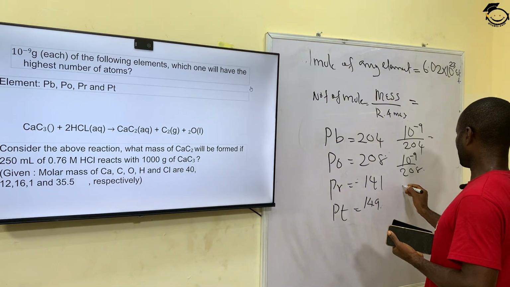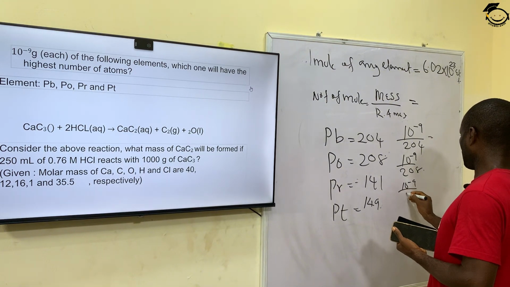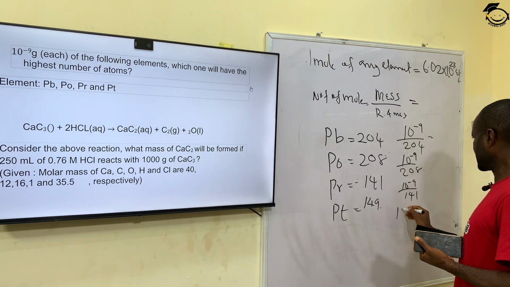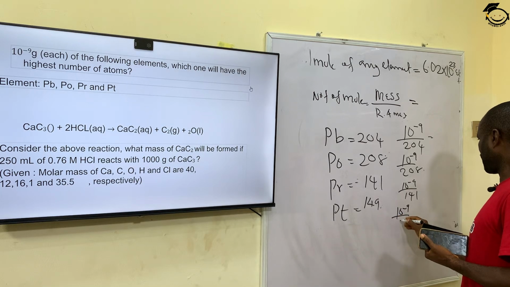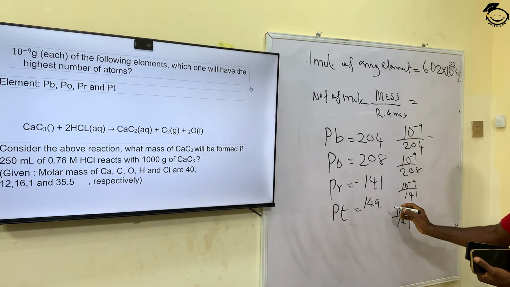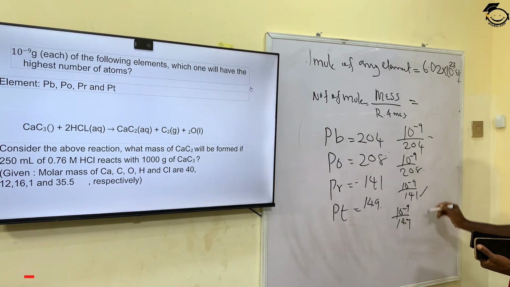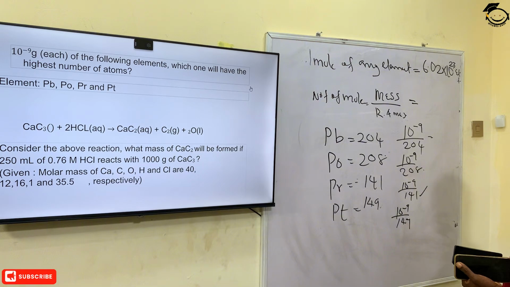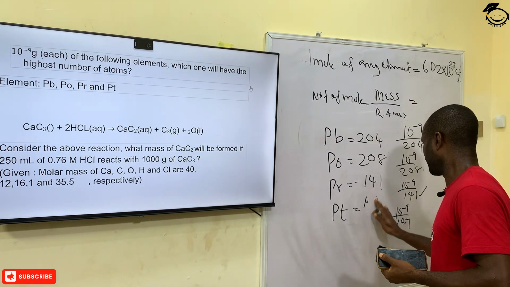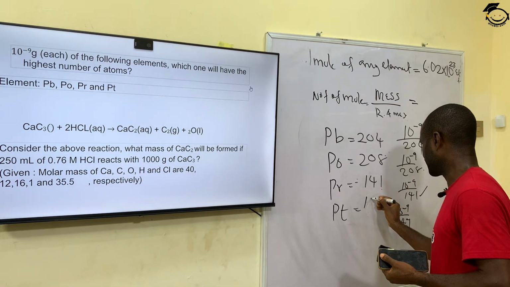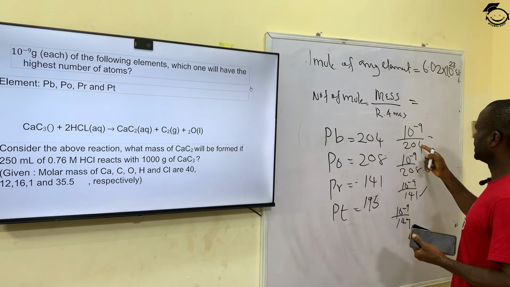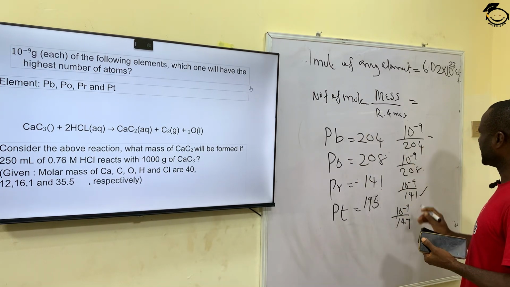Then for praseodymium, 10 raised to power minus 9 over 141, while platinum, 10 raised to power minus 9 over 195, sorry, 195 is the relative atomic mass.